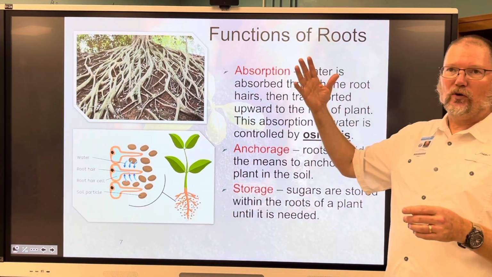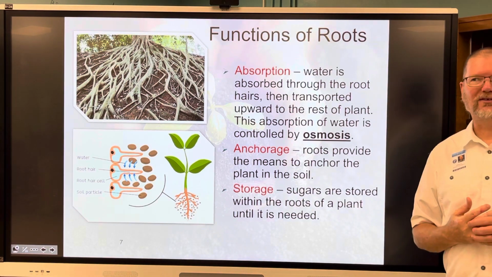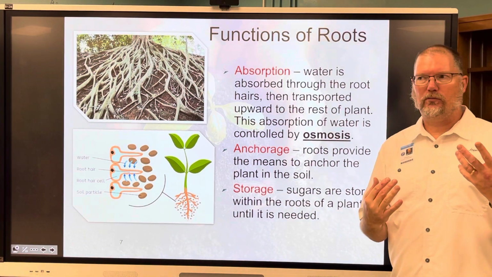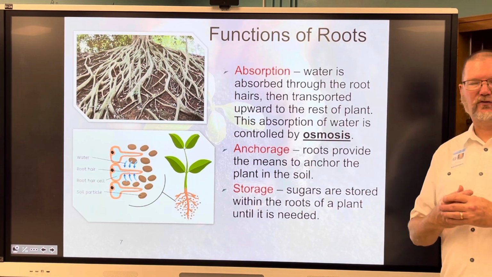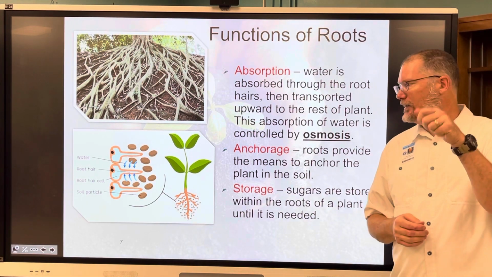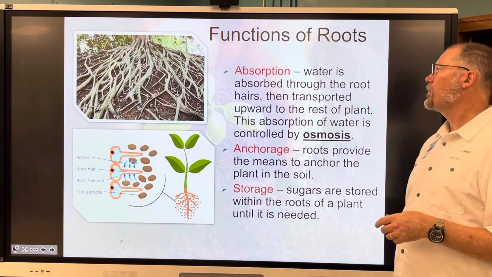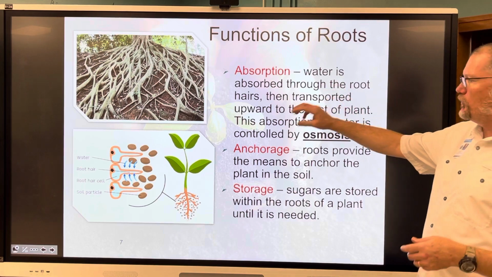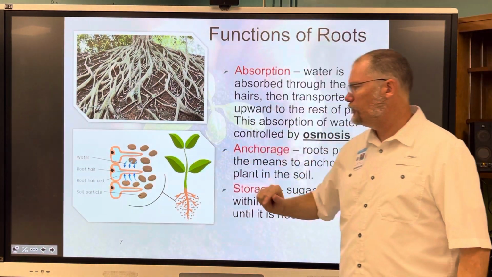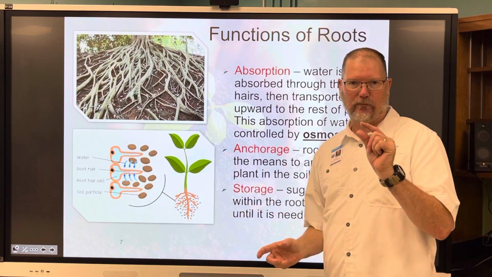So what's the purpose of those roots? What's their function? They absorb water, obviously. That's the biggest function, most obvious function that everybody knows about. When you water a plant, you don't water the leaves, you water down here at the base. And so water is absorbed through these root hairs that stick out into the soil. They're microscopic.